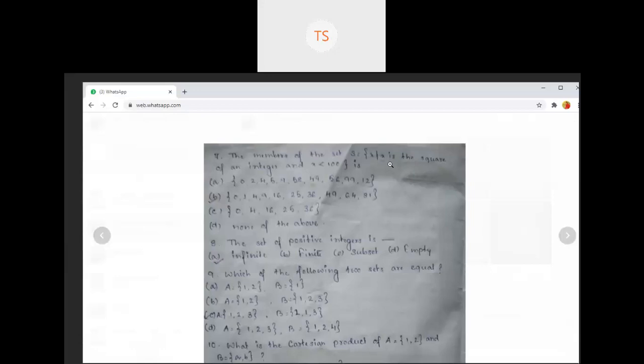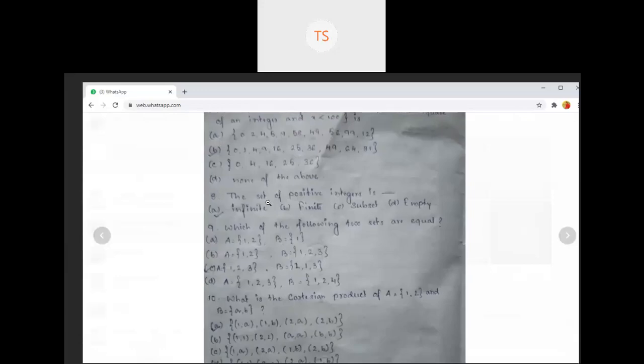So we start from 0. 0 square is 0, 1 square is 1, minus 1 square is 1, 2 square is 4, 3 square is 9, 4 square is 16, 5 square 25, 6 square 36, 7 square 49, 8 square 64, 9 square 81. So the correct option is option B.